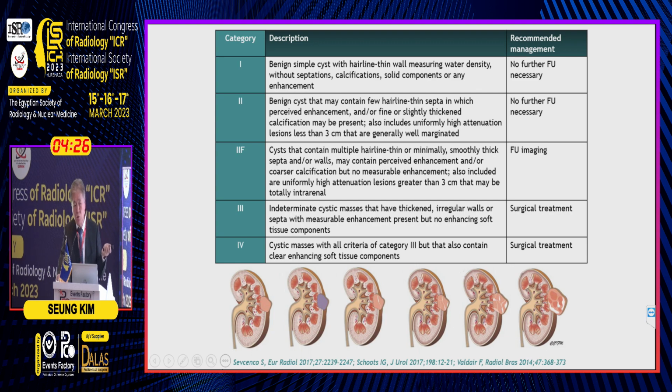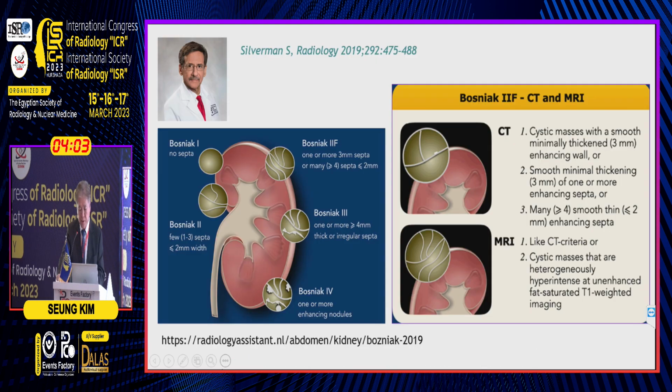Imaging follow-up is for category 2F, and 3 is more than 2F, and the chance of malignancy is half and half. So usually we need surgical treatment, and class 4 is almost 100% malignancy, so we need surgery. So that is the basic 5-category Bosniak classification system.